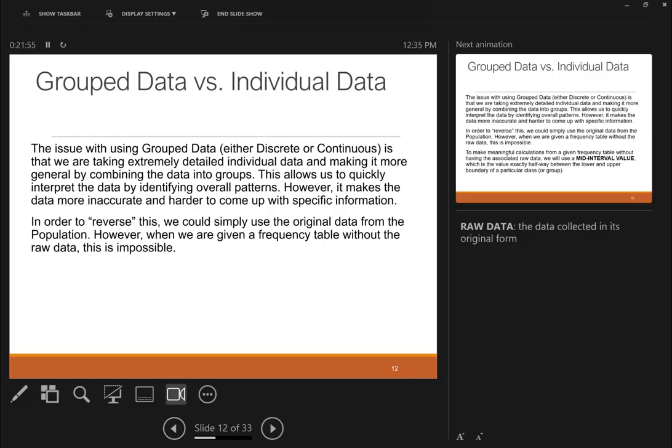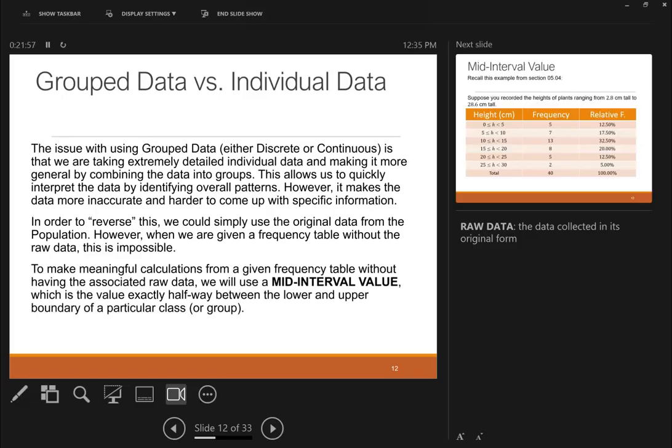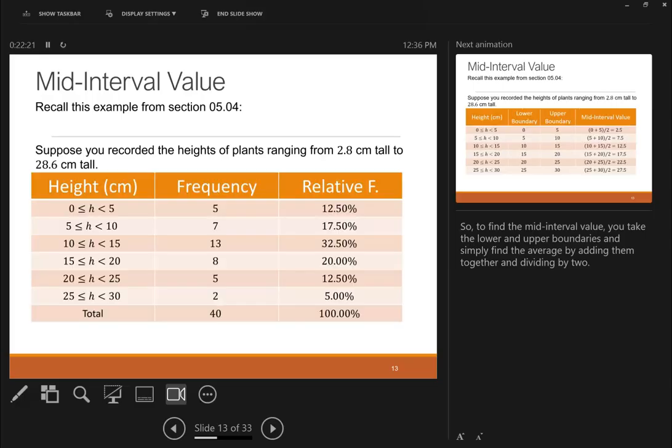One way we do that is with something called a mid-interval value. That's the value in the middle of the data range for the grouping, and we'll use that as a proxy for the value of every individual in that grouping. So if I look at this data table, what is the mid-interval value from 0 to 5?